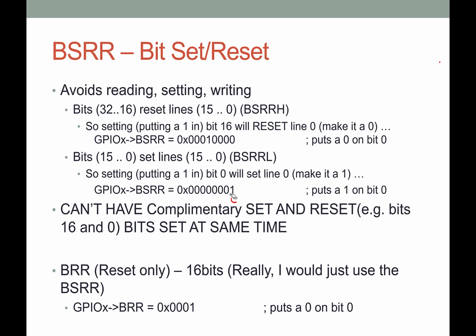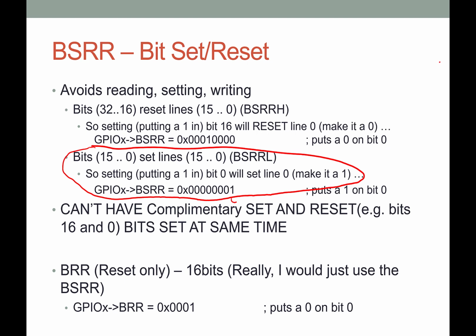Okay, so how this works is we have 16 bits that are the lower 16 bits, sometimes referred to as BSRRL, so the lower 16 bits of the 32-bit register.